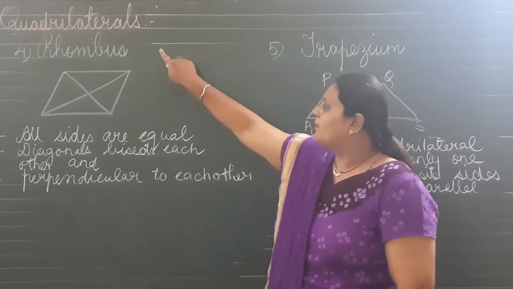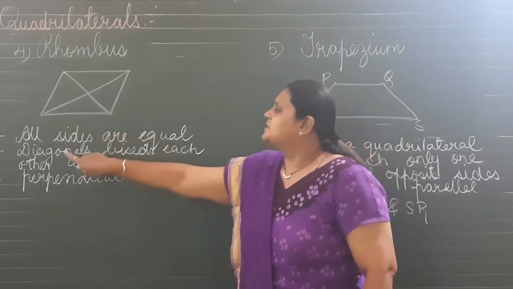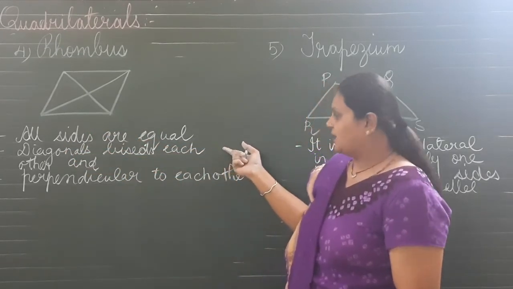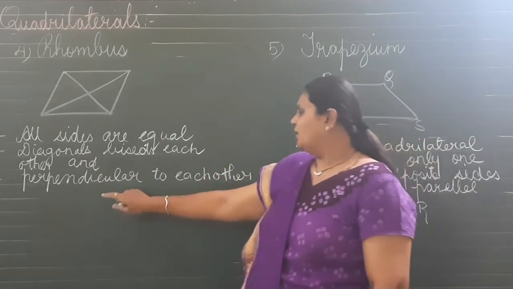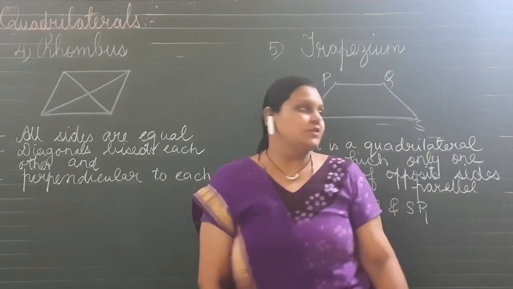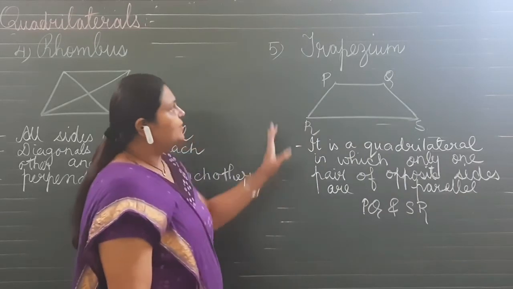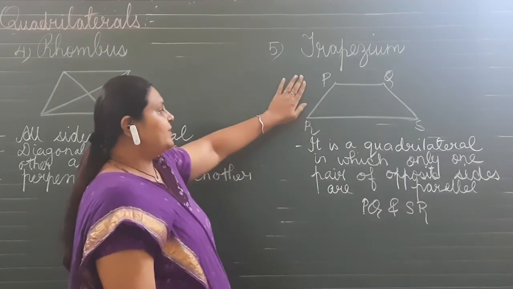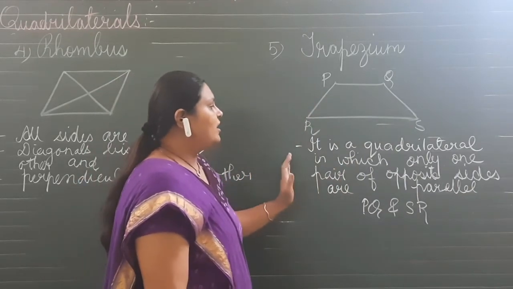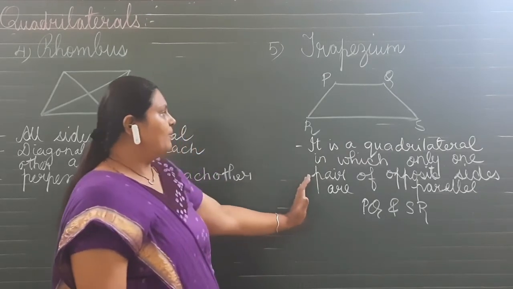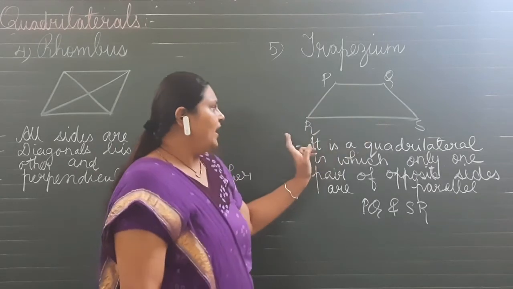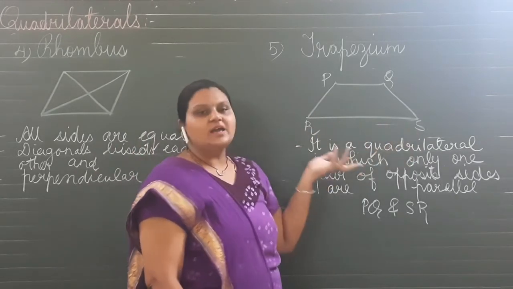Next is rhombus. This is a rhombus. All the sides of rhombus are equal. Diagonals bisect each other and are perpendicular to each other. Next is trapezium. It is a quadrilateral in which only one pair of opposite sides are parallel, that is PQ and SR, or you can say RS.